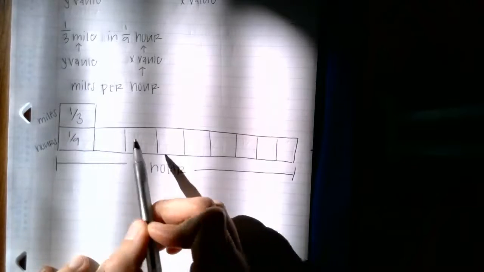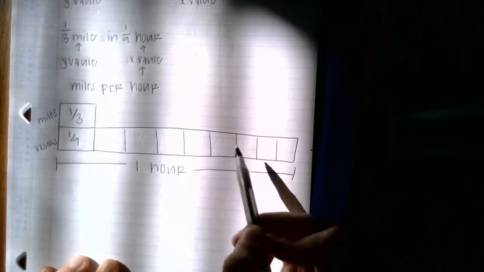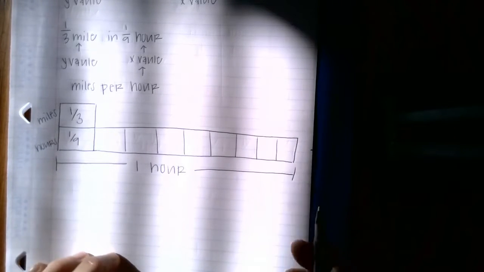So 1, 2, 3, 4, 5, 6, 7, 8, 9 pieces. And each piece is the same, so each piece represents 1/9. So I'm going to go ahead and label each piece 1/9.